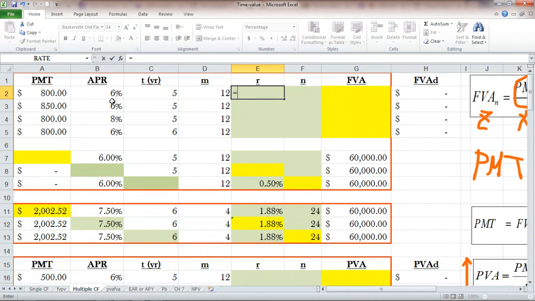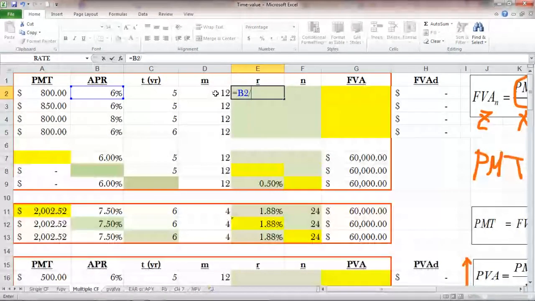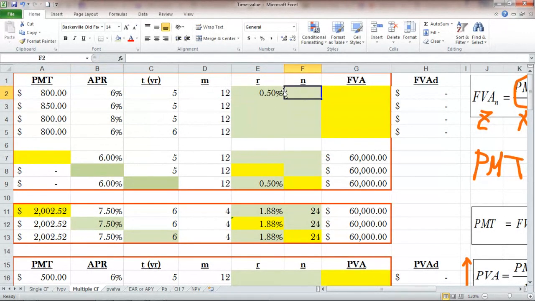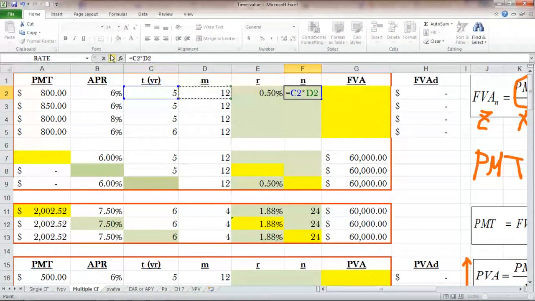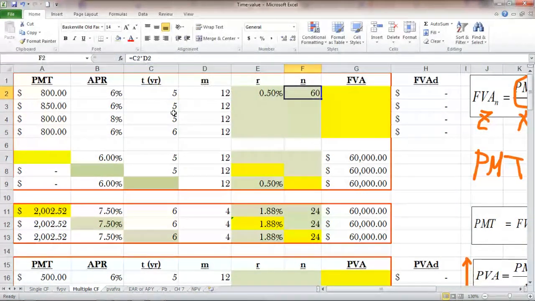It's not a difficult thing. We already know it's 0.5%. And the actual number of compounding is 5 times 12 months, 5 years times 12, so 60 months.